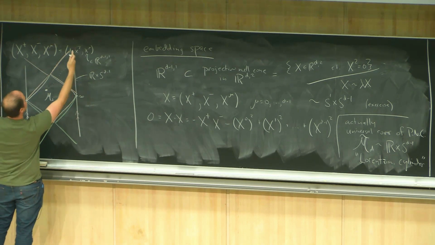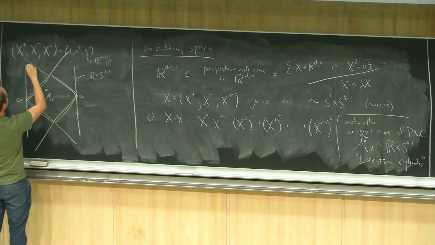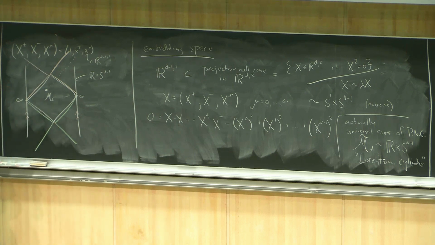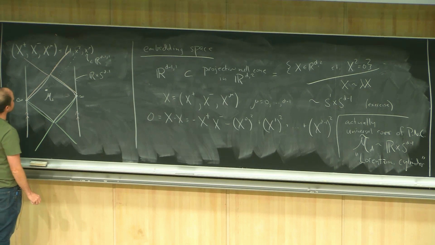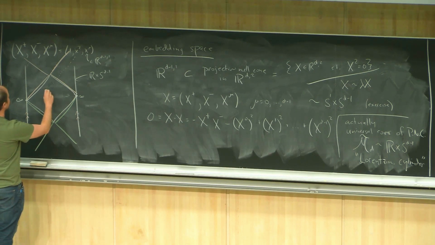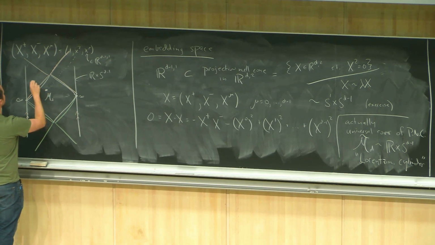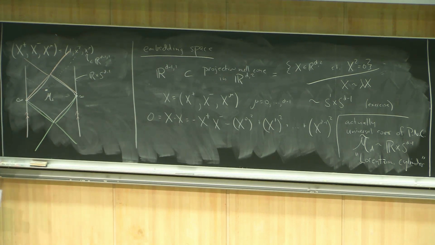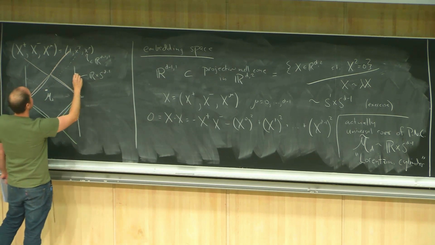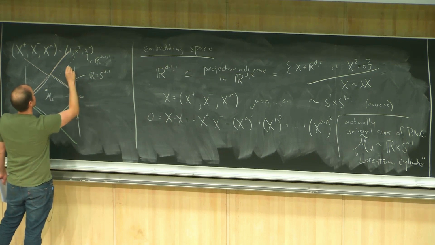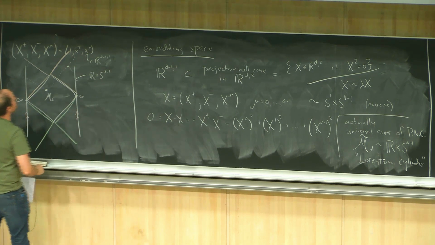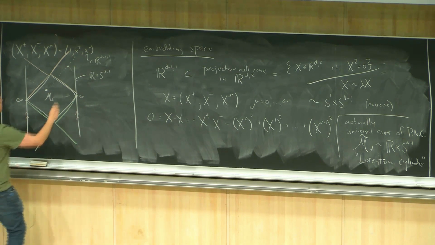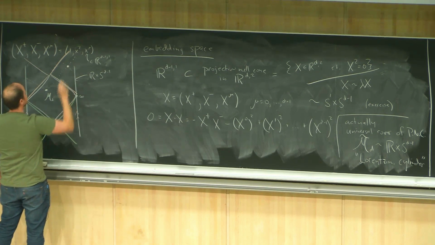I didn't draw my picture very well. So this is identified with this part. The light ray wraps back around like that. And now let's send a light ray out in another direction. Let's send one out this way. It goes off this side, and it comes back in this side. And so you can see it intersects the first light ray here.